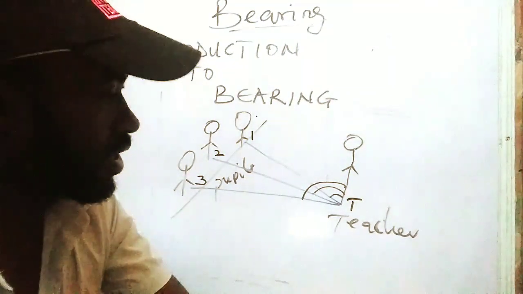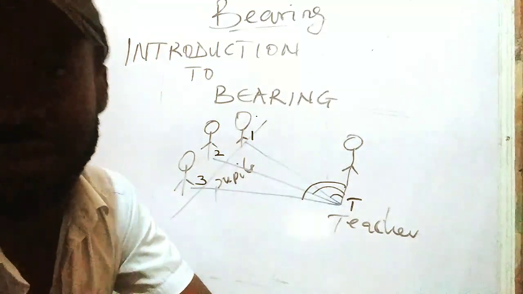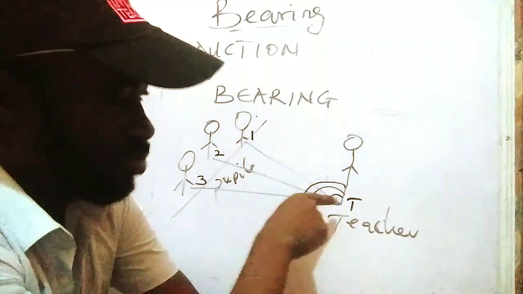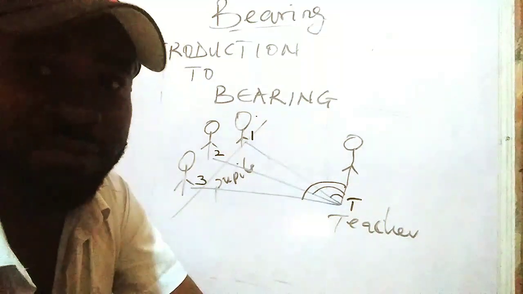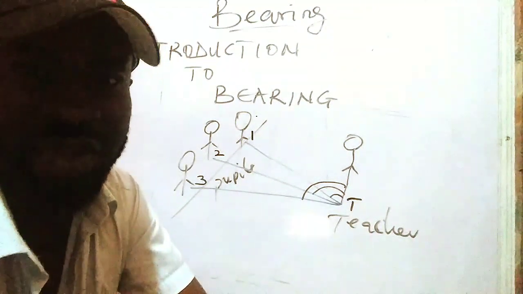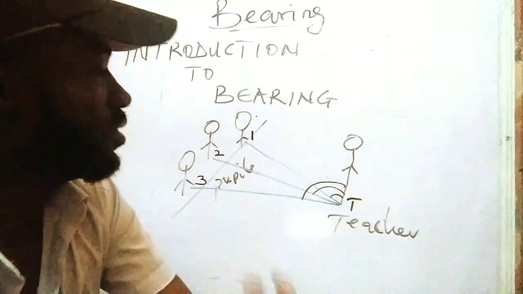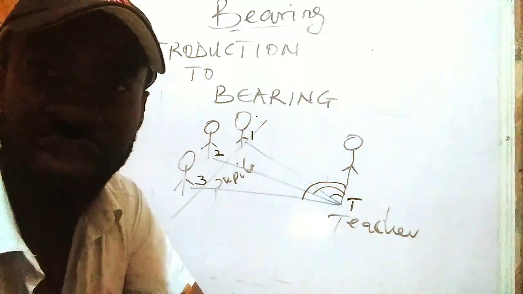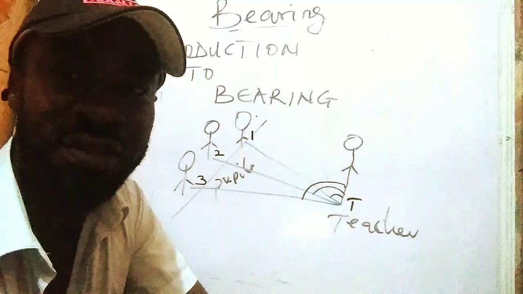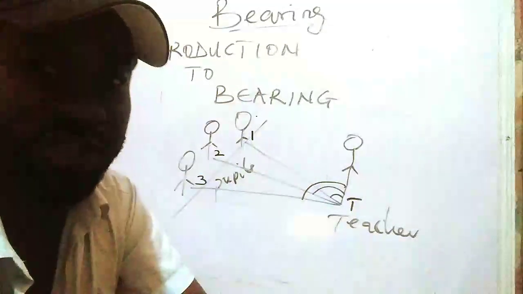You can see that they are all in different angles with respect to the position of the teacher. So that's what bearing tries to tell us. It tells us about the relationship that exists between 2 points based on the angle measured from one of the points.